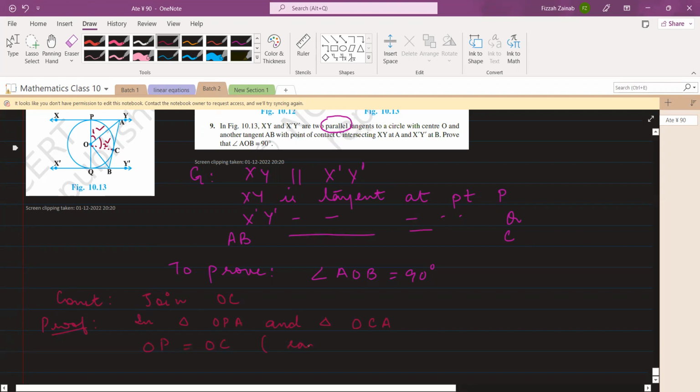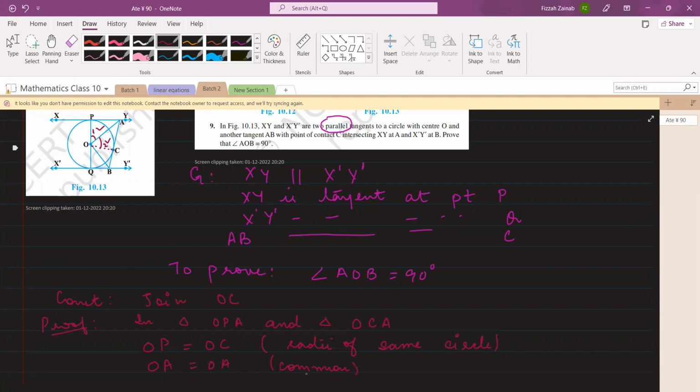Why? Because they are radii of the same circle, so obviously equal. And then you have OA is equal to OA, common. Now in place of angle, I can say AP is equal to AC. Can I say that, Rida?